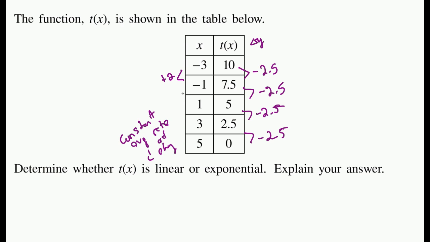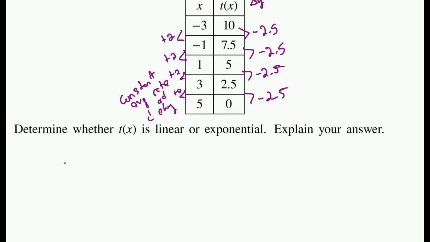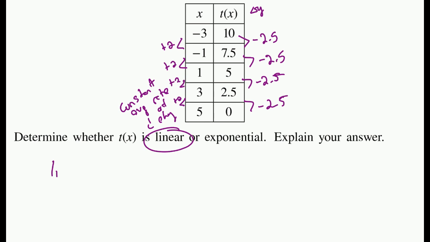Our change in x is plus 2. So it does have a constant average rate of change. Linear, explain means write a sentence, because it has a constant average rate of change. If it didn't have a constant average rate of change, we'd go with exponential. Don't try to find the multiplicative pattern, see if it's linear. If not, we would have gone with exponential.